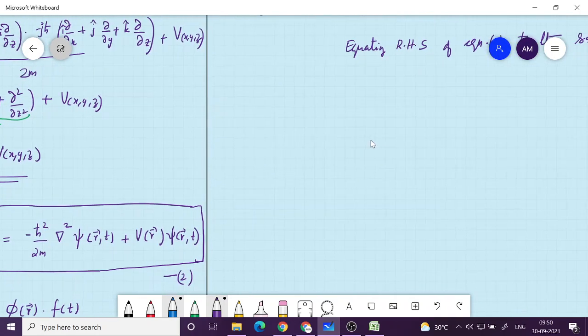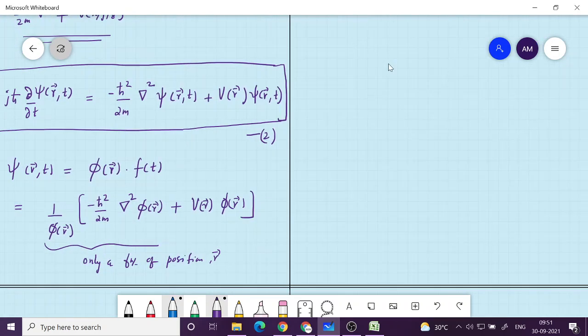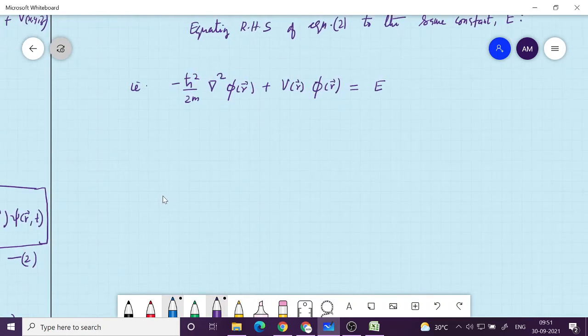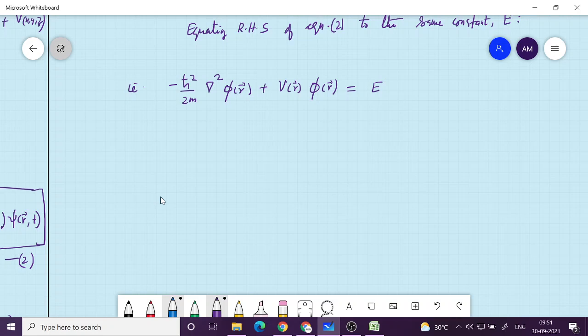The RHS equation is basically minus h square by 2m del square phi of r plus V of r phi of r, and we are equating that to E. There was the entire thing multiplied by f, or 1 by phi of r, so I am going to take it to the right side. So this is what I get.